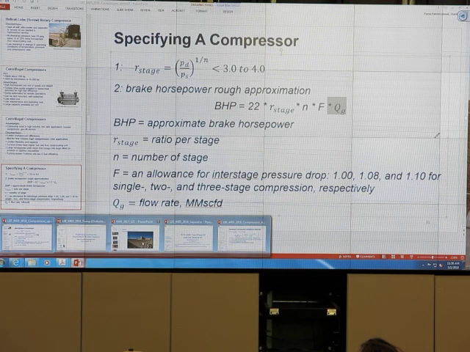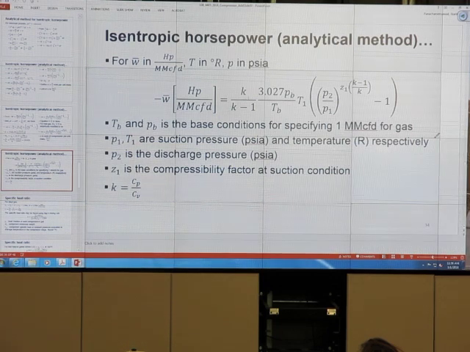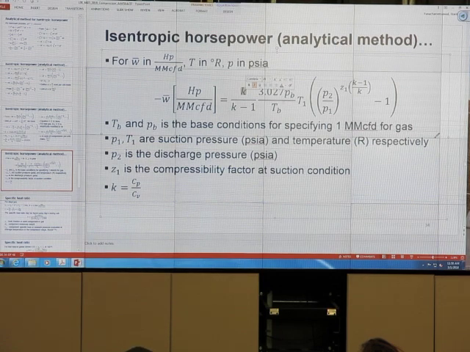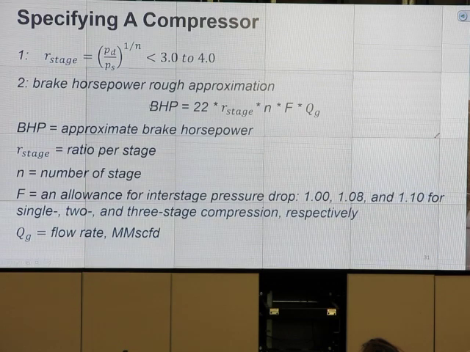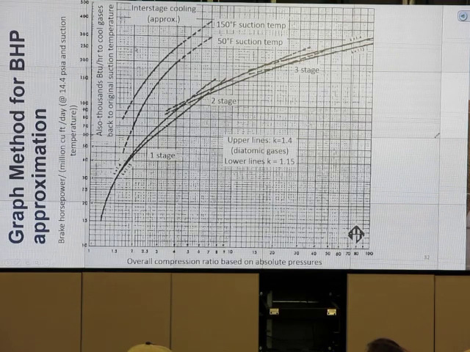The one given in the exam requires K value, temperature at the inlet, base pressure, compressibility factor. It requires more information, so that one is more accurate. This one is quicker. If you calculate two methods and the values are very far away, this means something is wrong. It should be close, same order of magnitude.